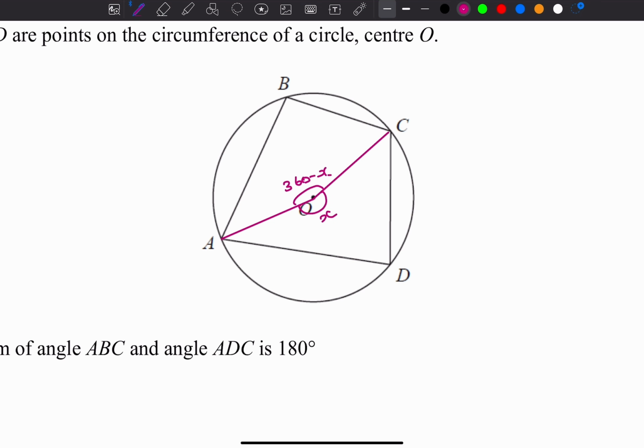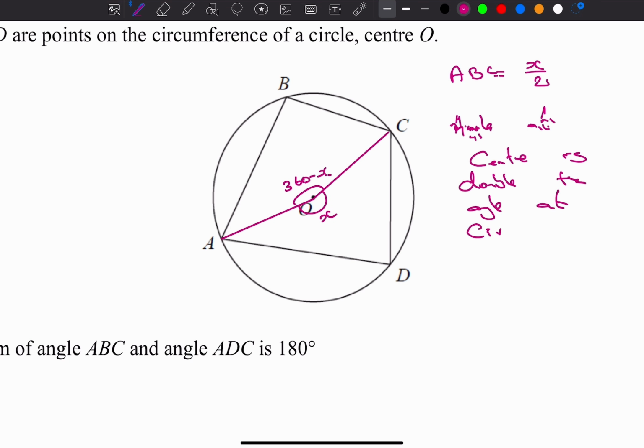If AOC is x, so what is ABC? Basically half of that, x over 2, because angle at the center is double the angle at circumference. Okay, so angle ABC is x over 2.